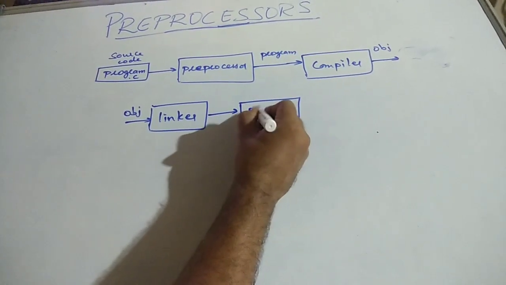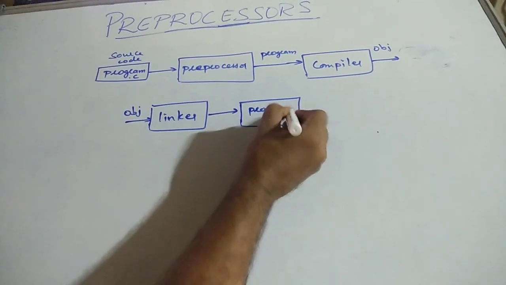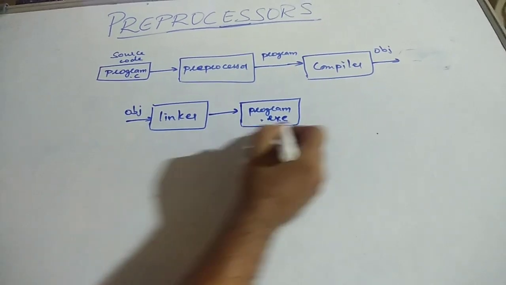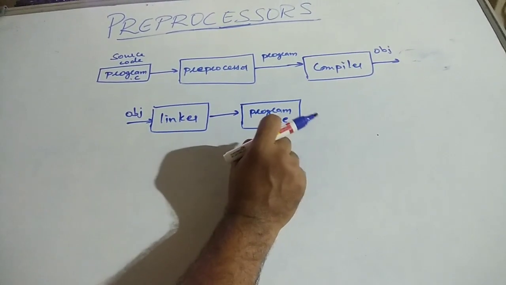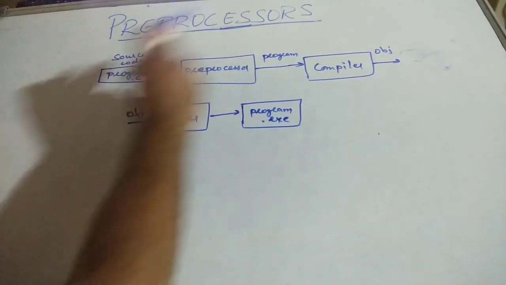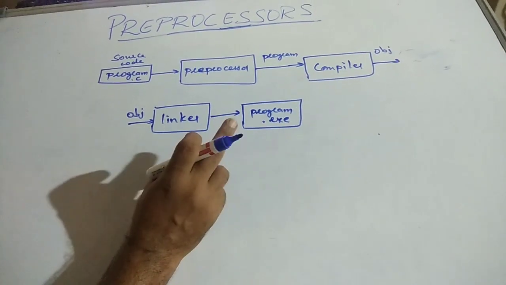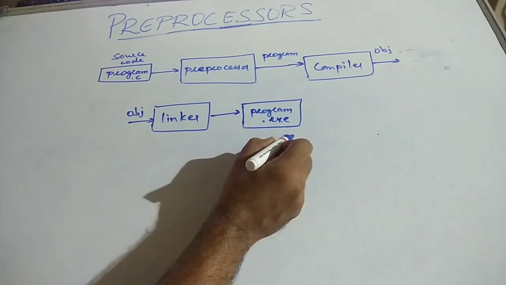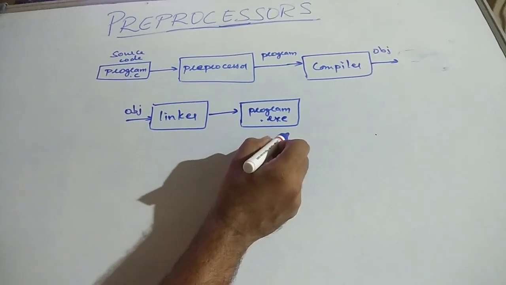So you'll get a program.exe file. Is it clear? And then this exe file will be executed. So these are the different steps involved from writing a program to the execution of the program. Is it clear to all of you?